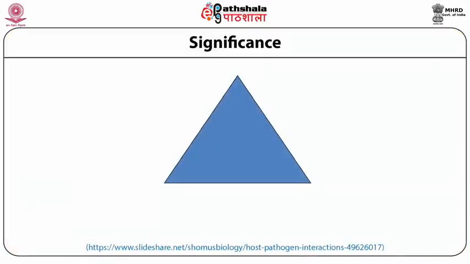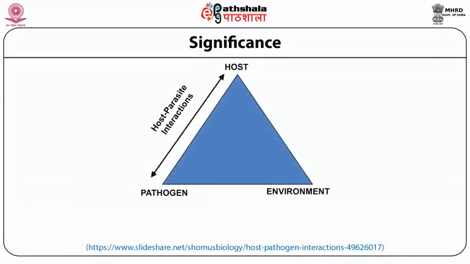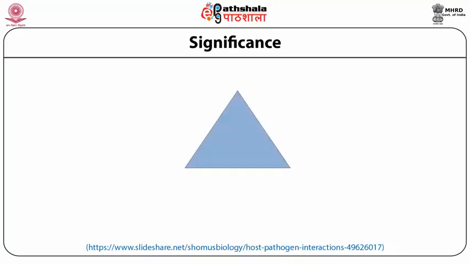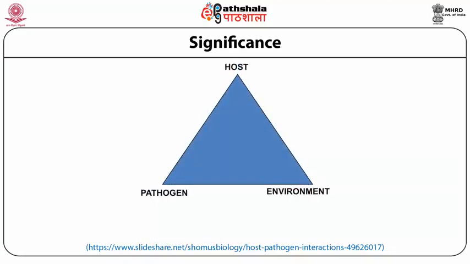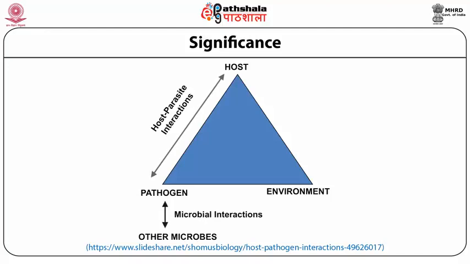This triangle shows how interaction of host with pathogen in a specific environment takes place. In the same environment, some hosts are more susceptible to a pathogen as compared to others, or the same host in a different environment exhibits different susceptibility towards a pathogen.